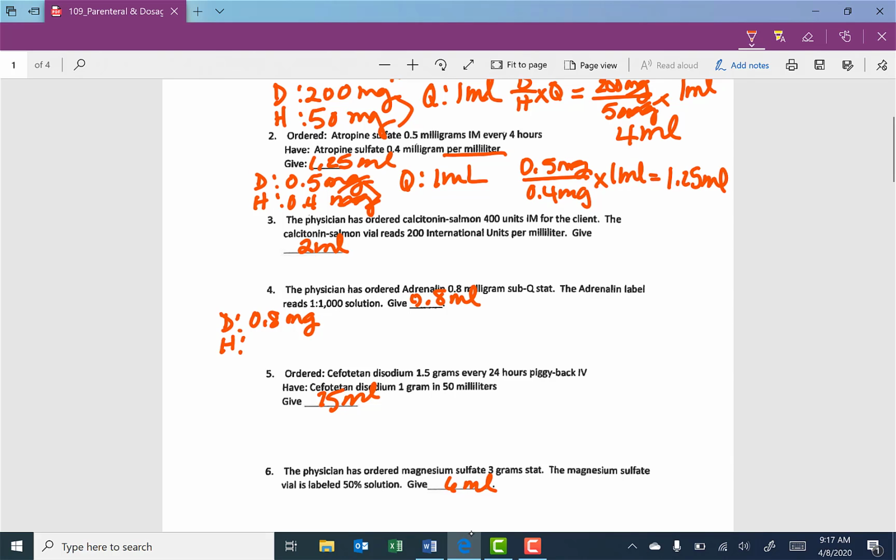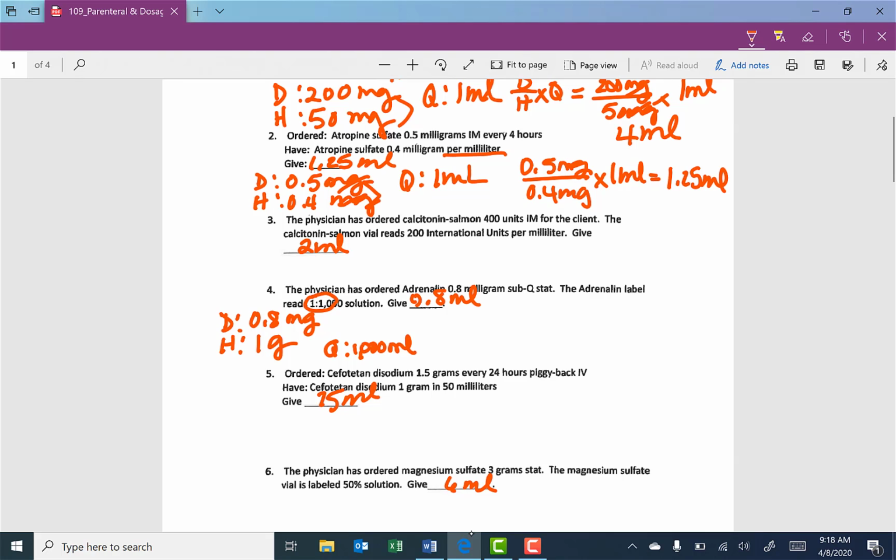And remember that that is going to be 1 gram, and our Q would be 1,000 milliliters, because when you are given the ratio, it means grams and milliliters are the units. You just have to learn that.